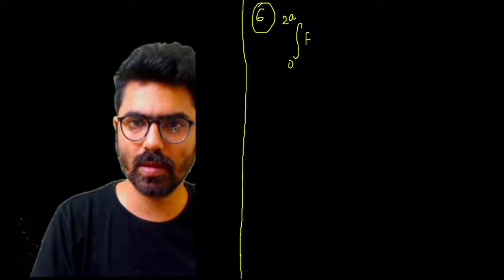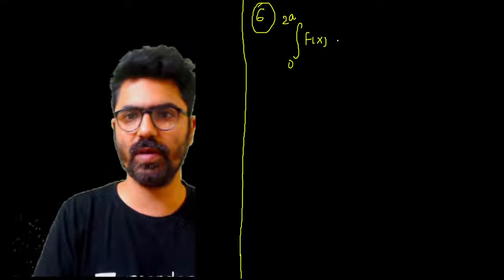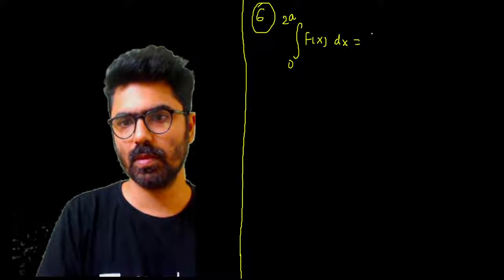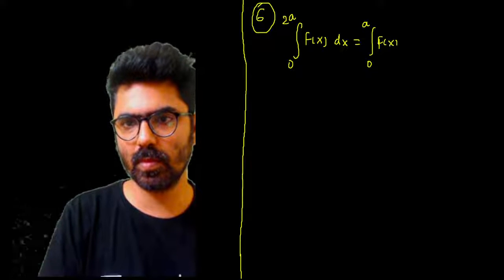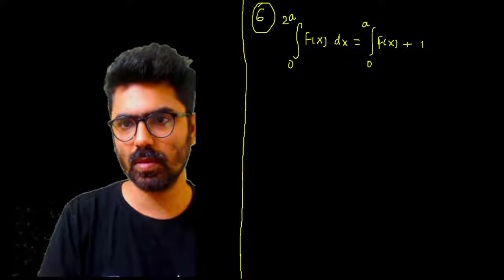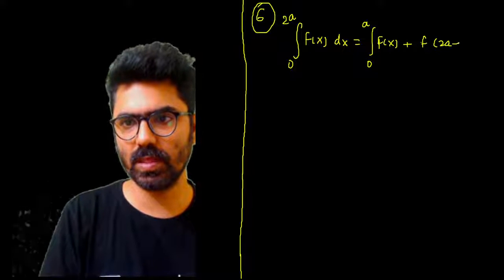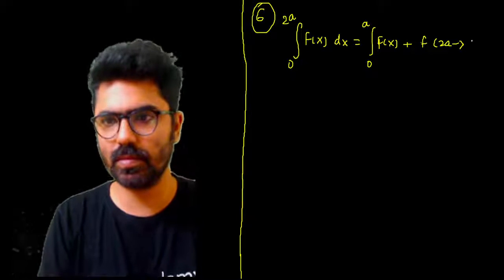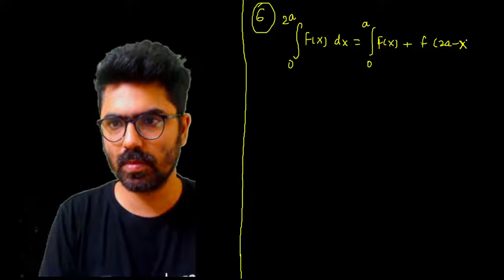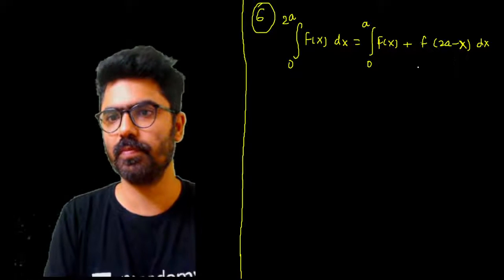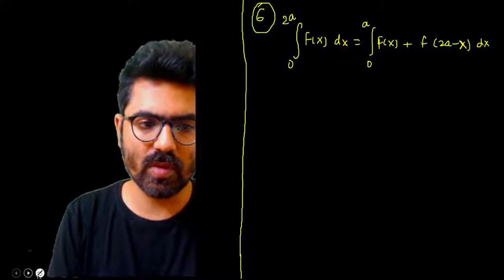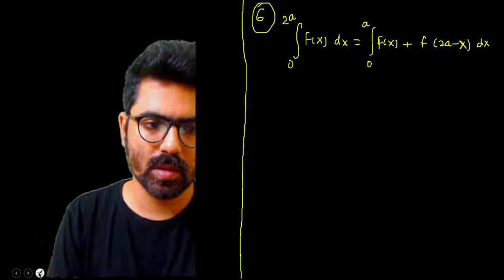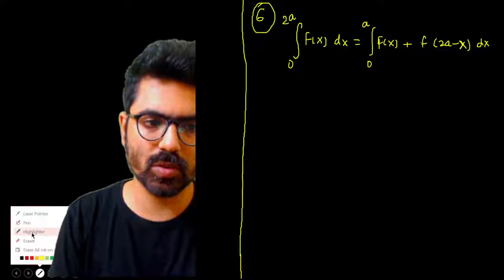The integral from 0 to 2a of f of x dx is the integral from 0 to a of f of x plus f of 2a minus x dx. This is also called the King's rule. If you have a limit from 0 to 2a, this will help us to change the limit to 0 to a.